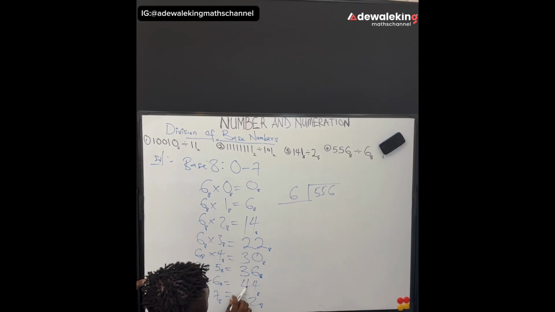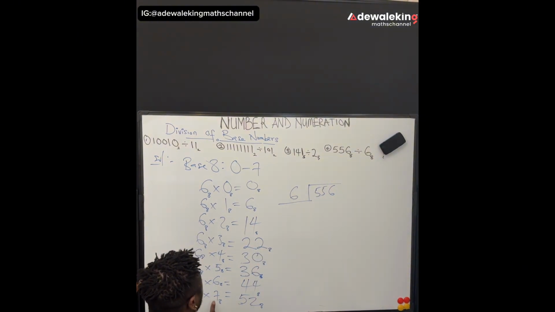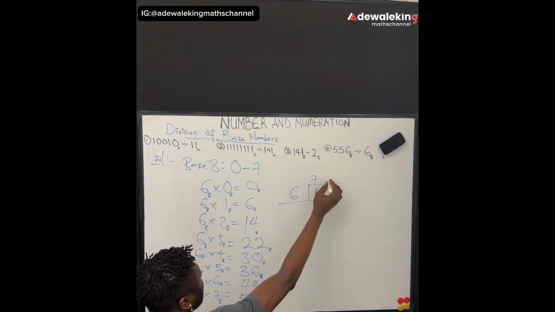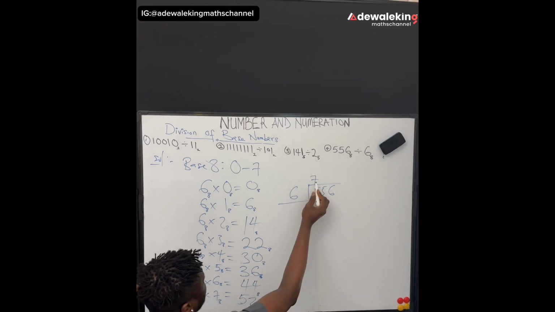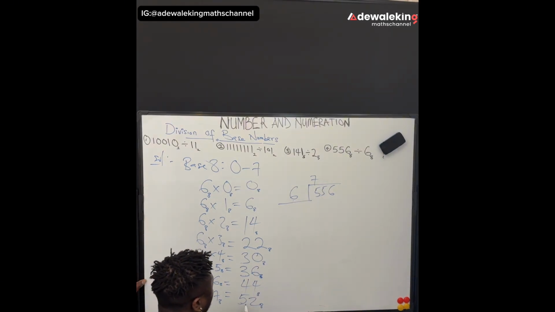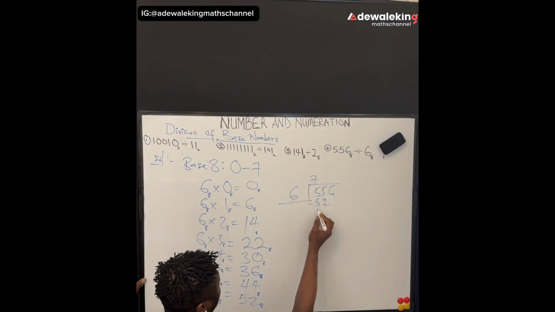This is 5, 4, 4. So we can see 5, 2 inside 5, 5. So it means we're going to get 7 as the first digit. So 6 in 5, 5 will give us 7. 7 times 6 will give us 5, 2 in base 8. So subtract and we'll get 3.